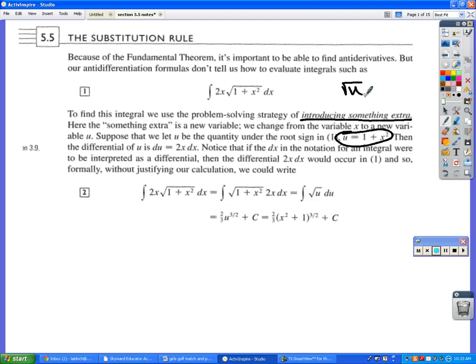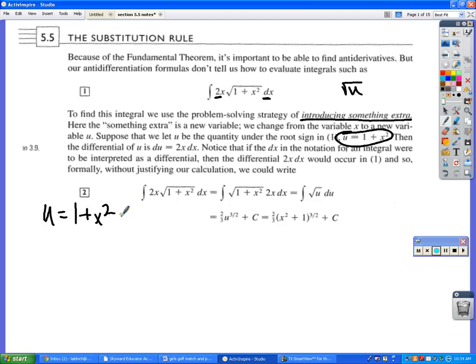There's more work for us to do in between because we still have a 2x and we still have a dx, and we need to relate those things somehow to the u substitution that we have made. We look at this and say, the complicated part is the 1 plus x squared, so I'm going to let that equal u. So u equals 1 plus x squared.